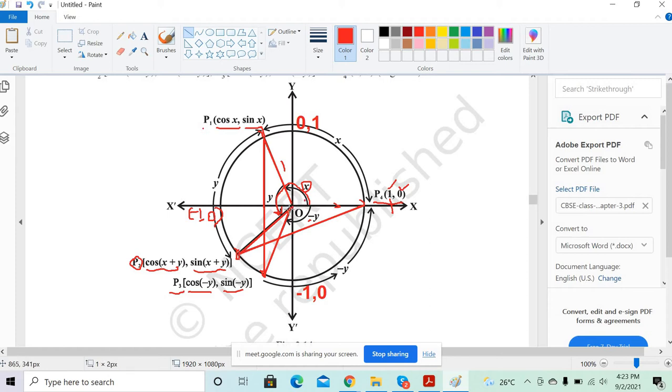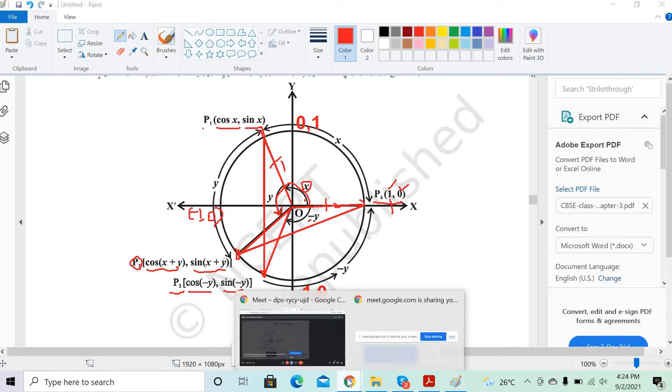These two triangles we need to prove congruent. See, this is radius, this is radius, the same as radius. Understood this part? Yes, I understood. Excellent.